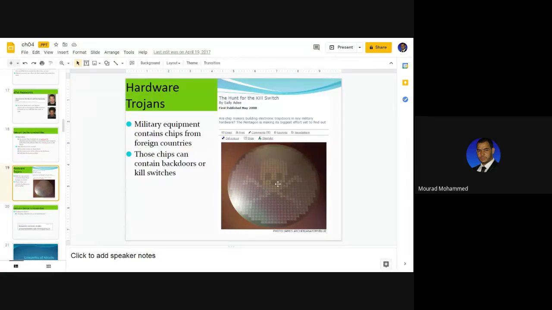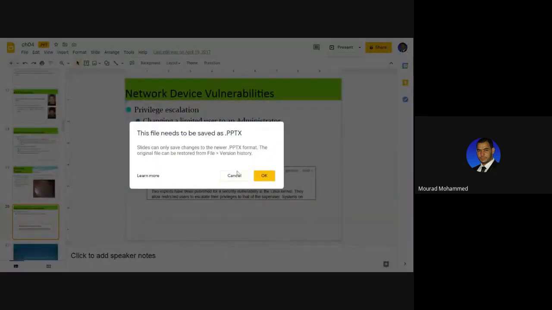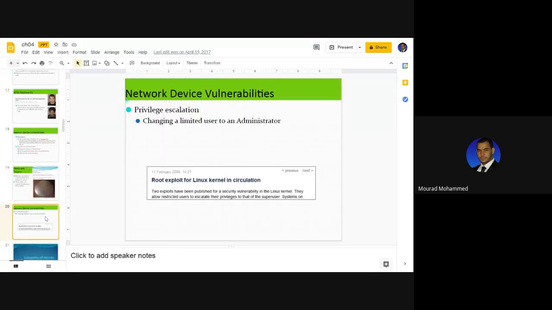There is a chip that has been generated with its backdoor to trap users, no more no less. This one was for dedicated activities for military actions and so on. So yes, this is an example of a backdoor to allow remote access to control devices. Any questions in this regard, please?